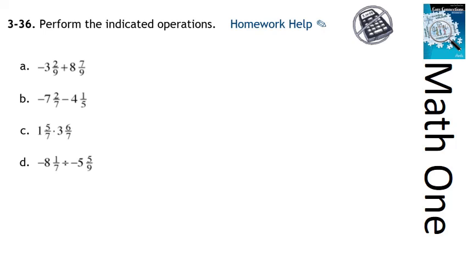So this exercise says perform the indicated operations, and again you can see don't use your calculator, right? The point of this is to kind of think about the fractions. One of the things I want to point out, and this is often confusing to students: if I say 3 1/2, I think most of us understand that that's 3 plus a 1/2.